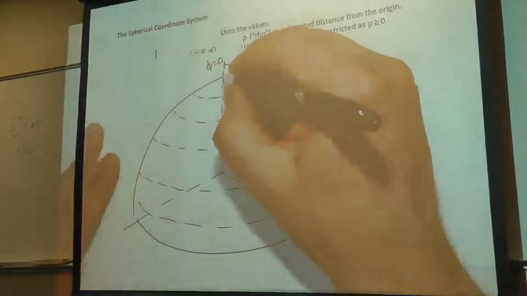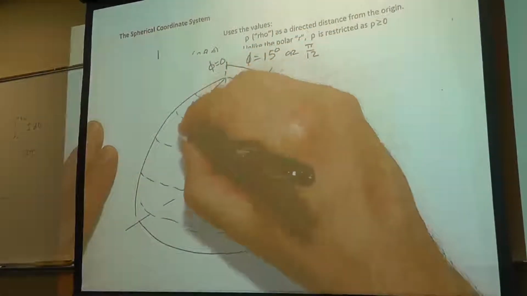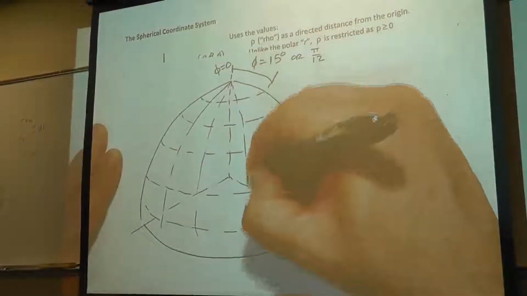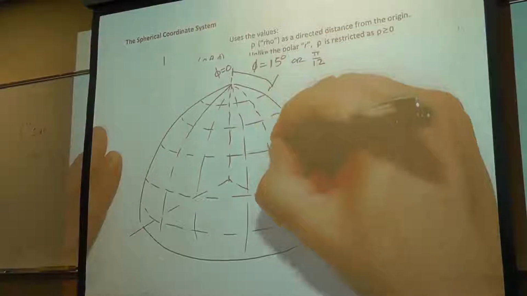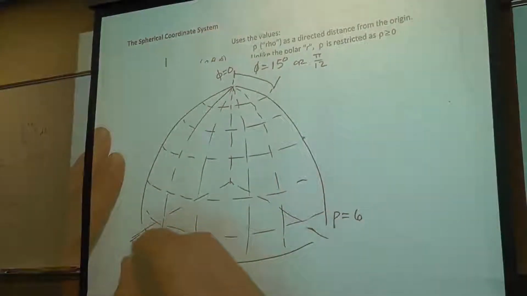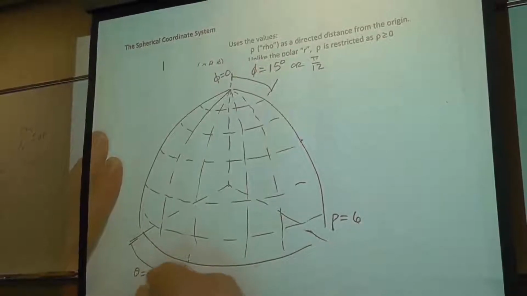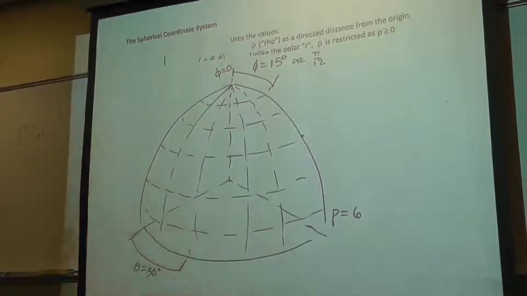If I put the lines of longitude in here, well, let me dot them. So it looks something like this, just like you see on a globe. Like maybe from here to here, that's theta equals 30 degrees, or theta equals pi over 6.